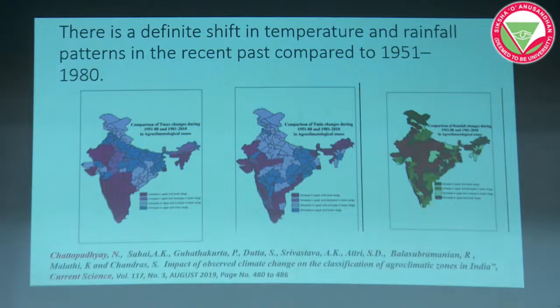Now, this is the study we made from 1950 to 2016. On the agriculture side, we have divided the country into 127 agroclimatic zones, based on the cropping pattern, rainfall, soil moisture, soil texture and so on.